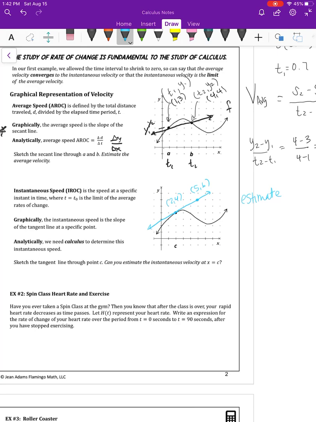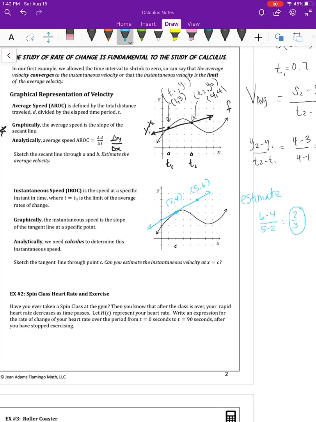Because really, if this is my tangent line that's only touching it at once, I just need to find 2 points on this line that I can calculate the slope. So this would be 6 minus 4 over 5 minus 2. So this is the estimate for my instantaneous rate of change at C, okay?